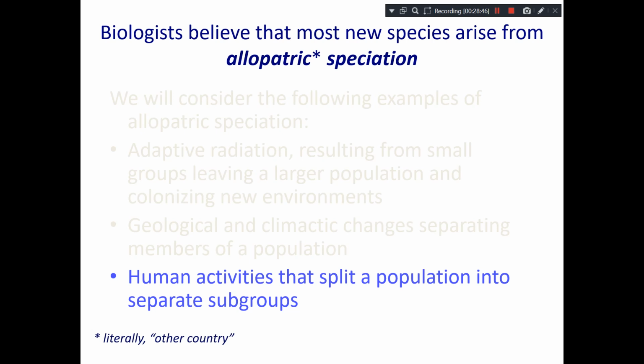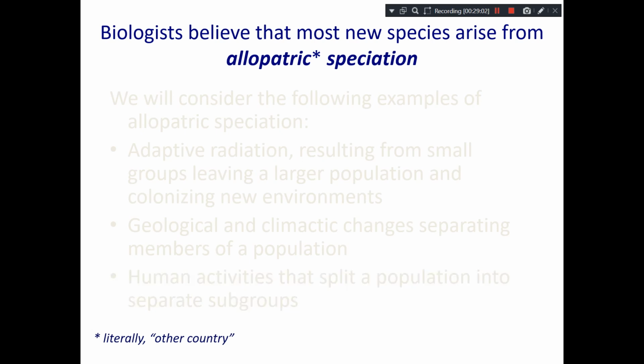Even human activities can split a population into separate subgroups, maybe in India based on caste, in some other Western countries maybe based on color and all those things. There will be splitting of the population.